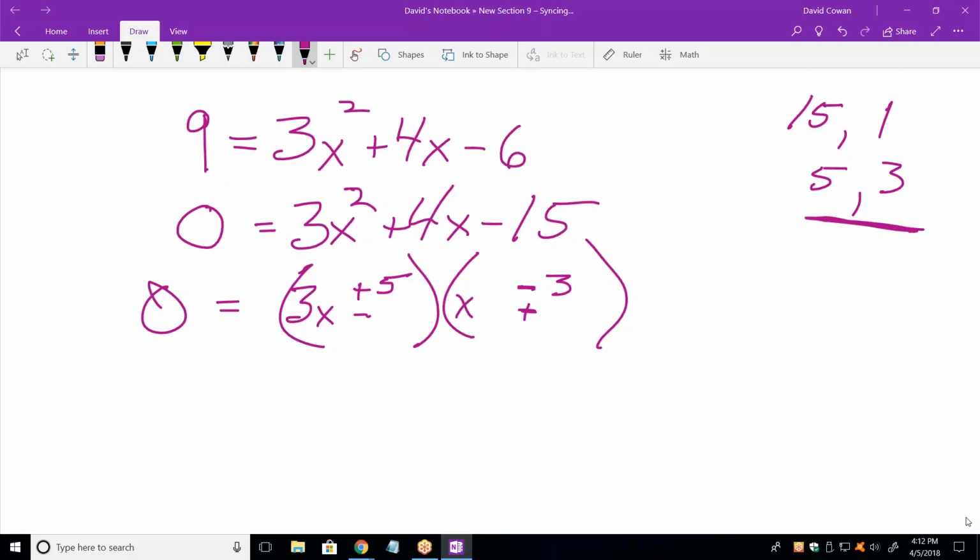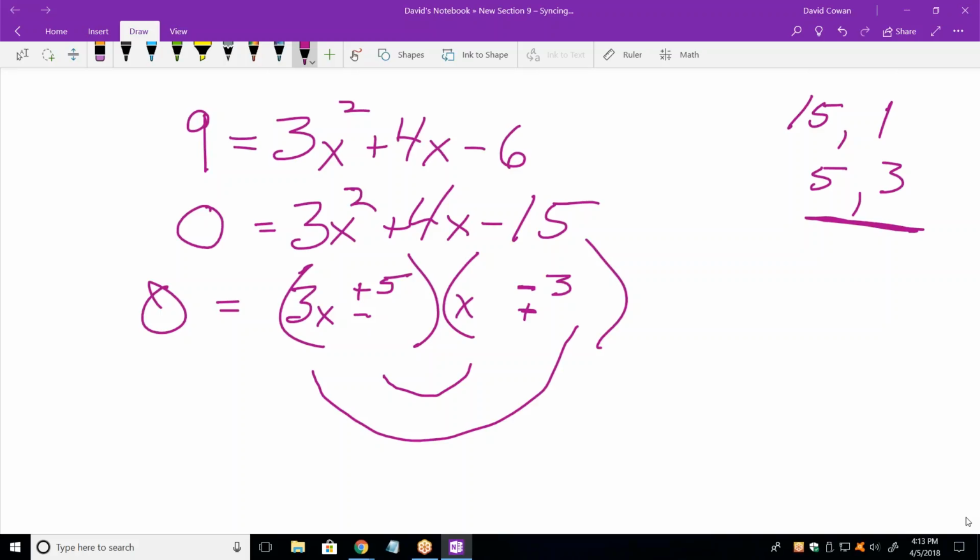Now, what's our next step? Our next step is to do the double smiley face. In other words, what we're trying to do is figure out our middle term. Does that combination that we wrote produce a proper middle term?